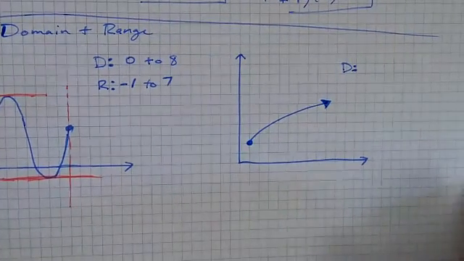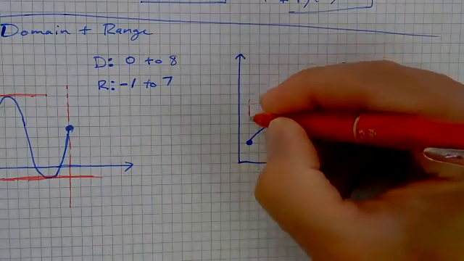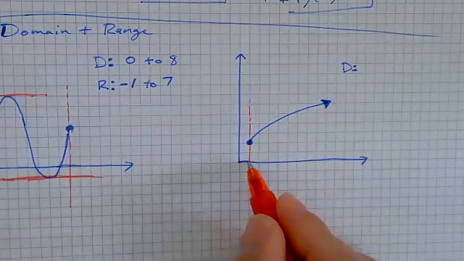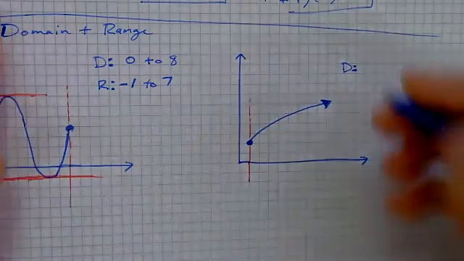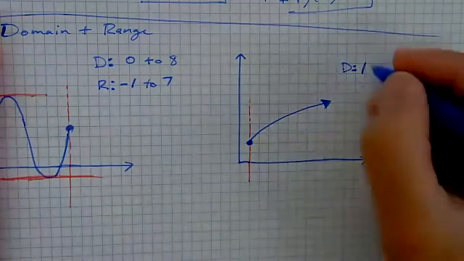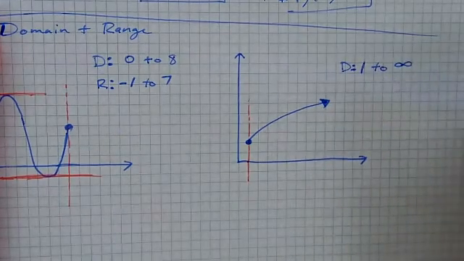Okay, this problem right here. Again, furthest value to the left. If I drew a line down to my x-axis, it crosses it at 1. So it goes from 1, keeps going to the right forever. So it goes from 1 to infinity.